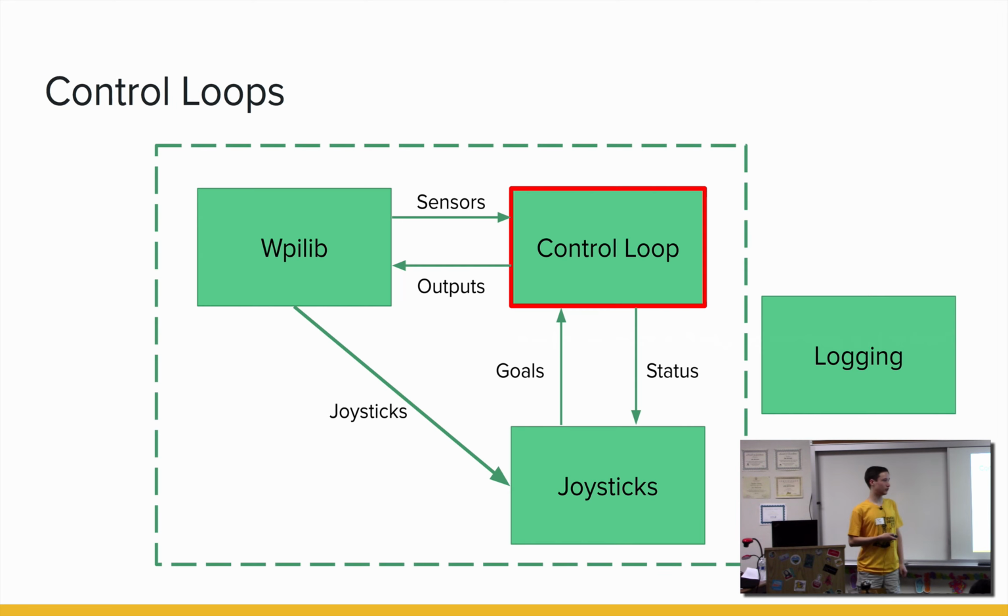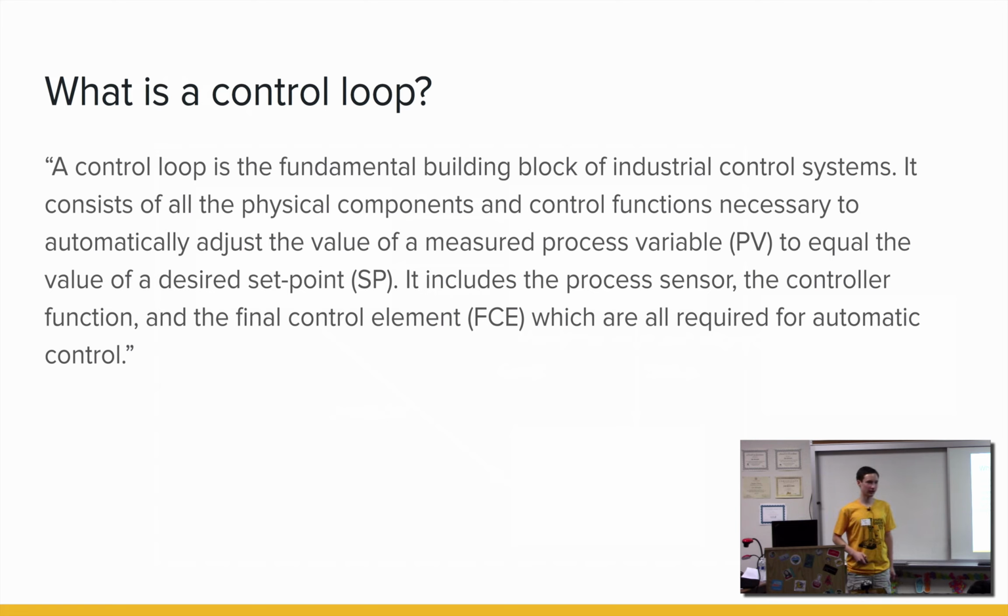So this brings us into the control loop section of our robot and how this can help produce a more reliable and predictable robot system. Here's the Wikipedia definition of a control loop. However, really what it's doing is handling the adjusting of a robot or any system from a current status to a goal status, right?